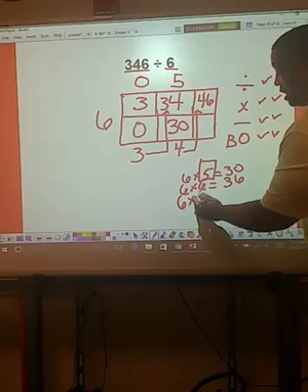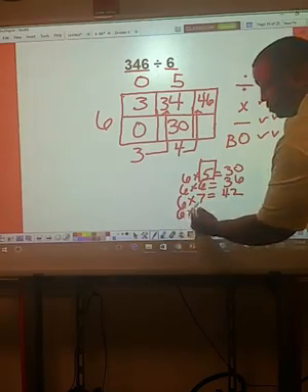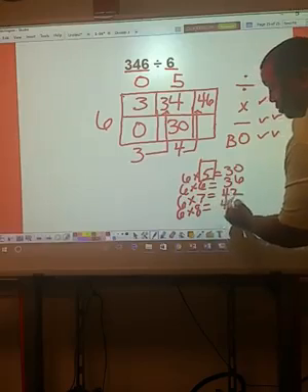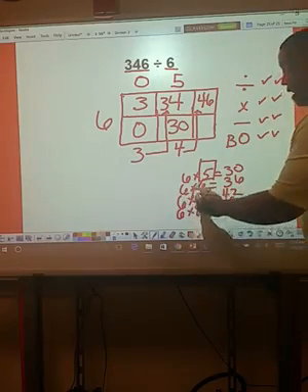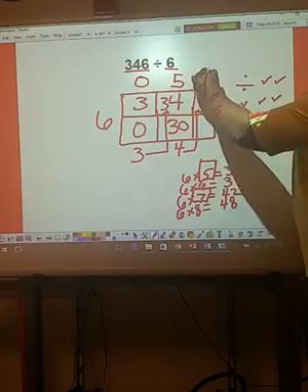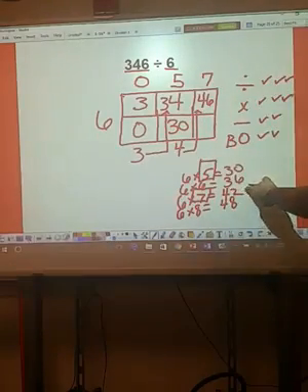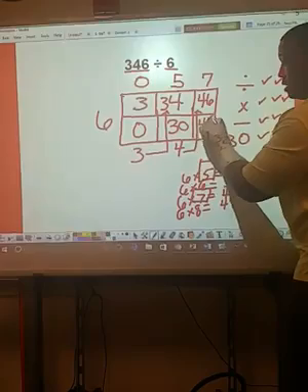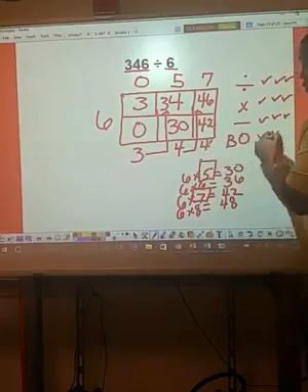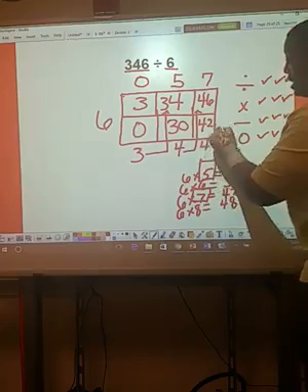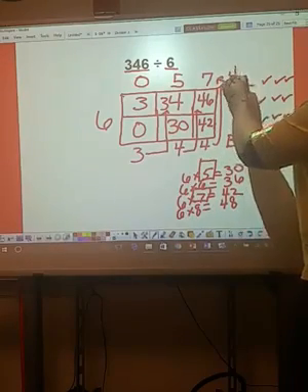We check. 48 is too much, so my factor would be 7. So my 7's there, check. Do my multiplication, we already know it's 42. Do our next step, which is subtract. That leaves 4. There's nowhere to bring it over, so it comes up and becomes a remainder of 4.